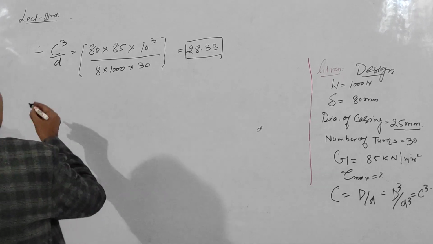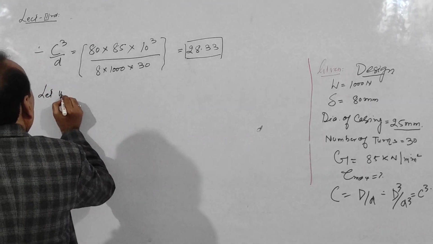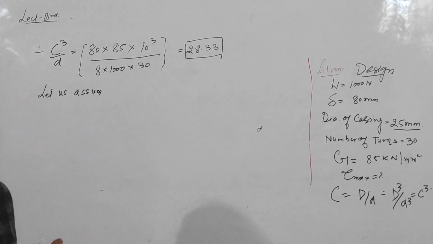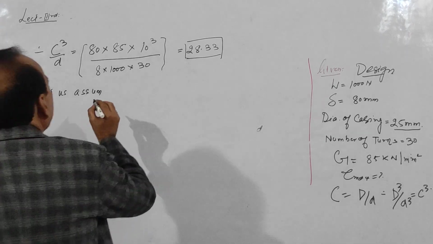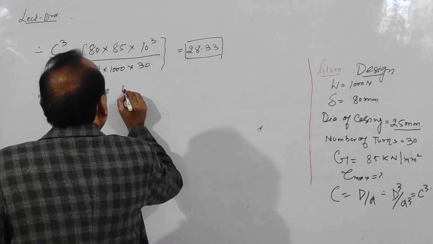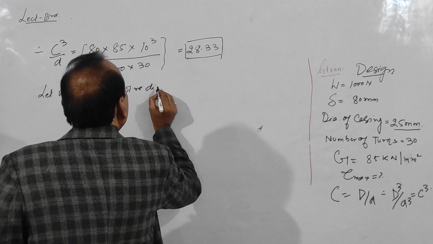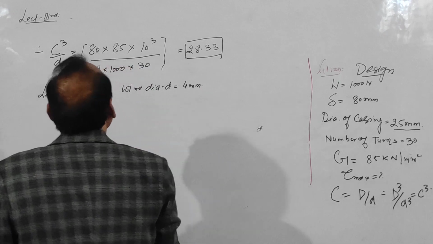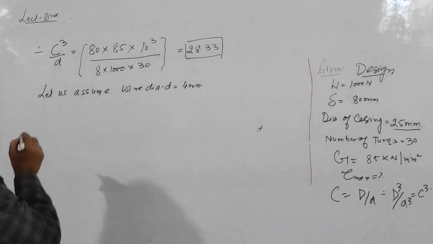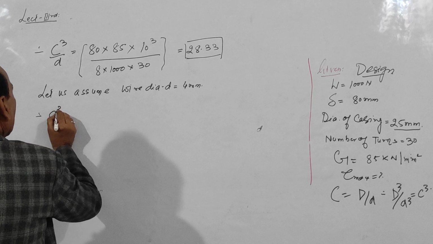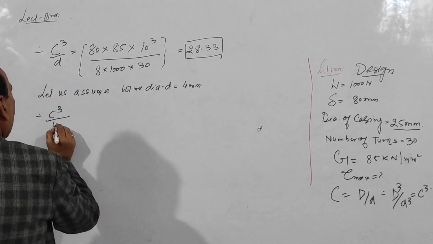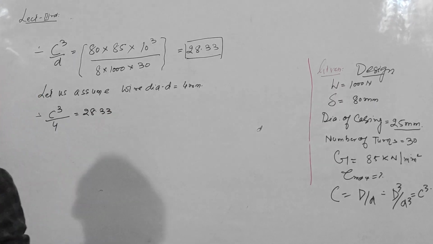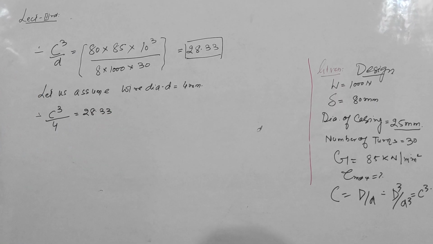So let us assume wire diameter d is 4 mm, assume कर लेते हैं, right. तो आपकी इक्वेशन क्या हो जाएगी, therefore C cube upon d की जगह 4, 28.33, right.